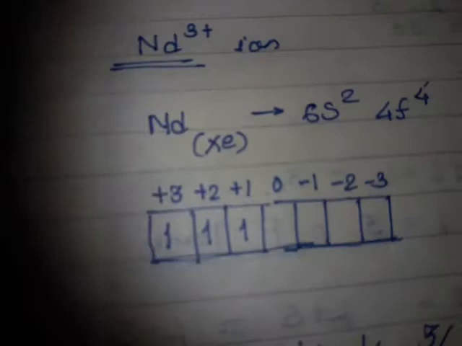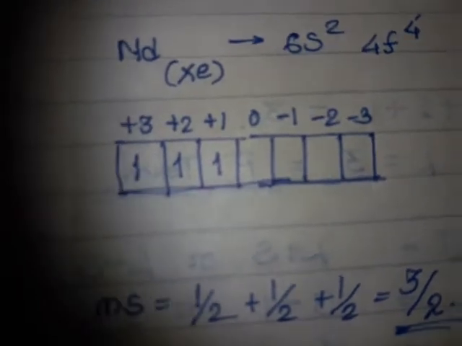Now draw the orbitals, that is 6s0 and 4f3. Here, the d orbital has 5 subshells, +2 +1 0... sorry, it is not the d orbital, it's the f orbital, because the outermost electronic configuration is 6s0 4f3.